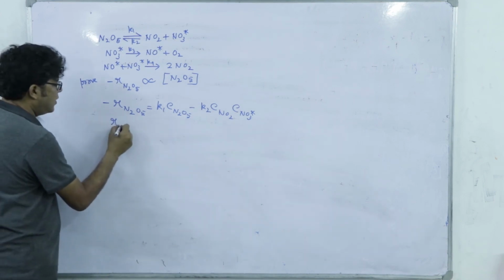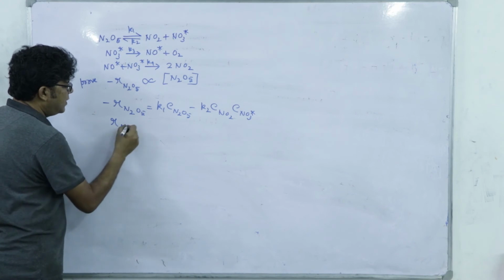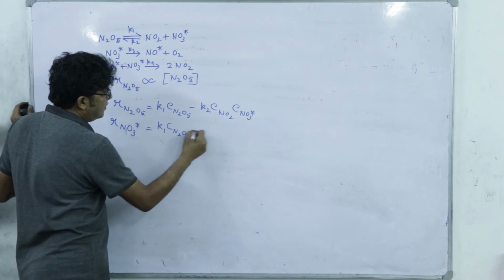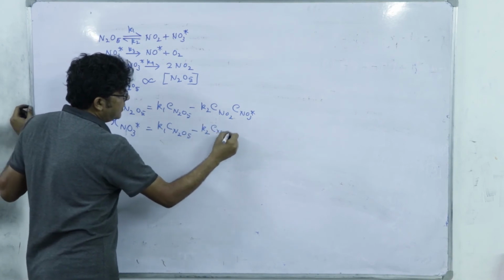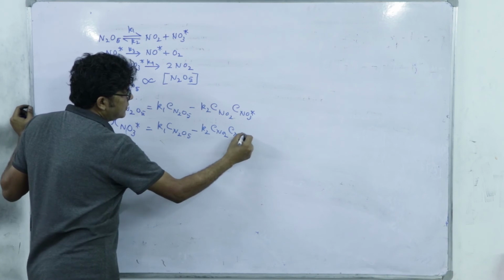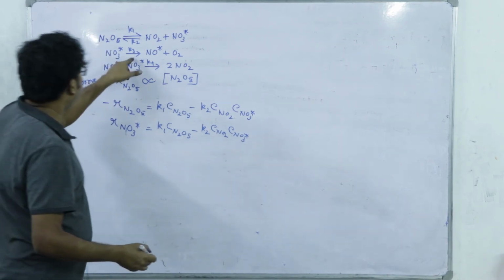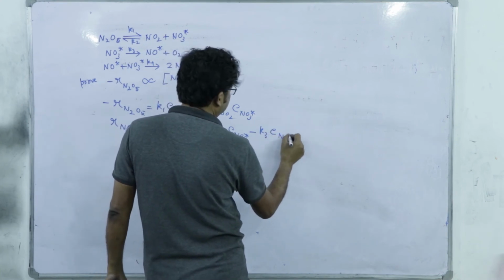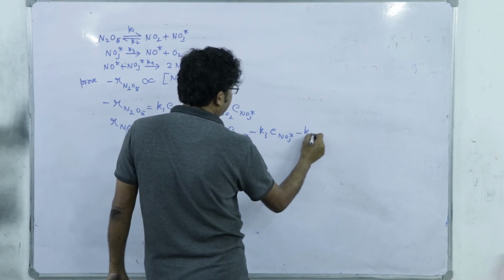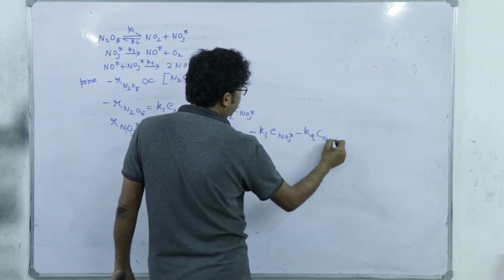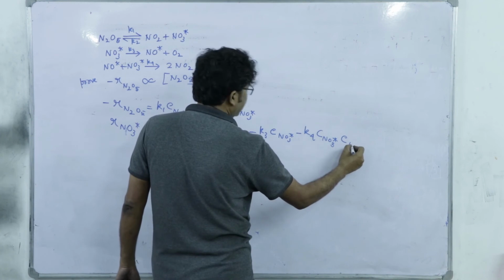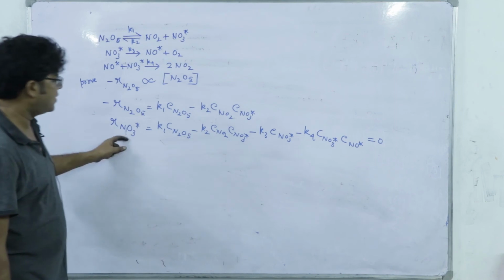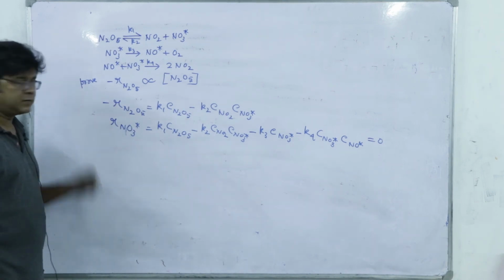So, what is formation of NO3 star, which is K1 C N2O5 minus K2 C NO2 C NO3 star, and then NO3 star is involved here, minus K3 C NO3 star and minus K4 C NO3 star C NO star, and that must be 0 according to pseudo-steady approximation, because this is the rate of formation of NO3 star.